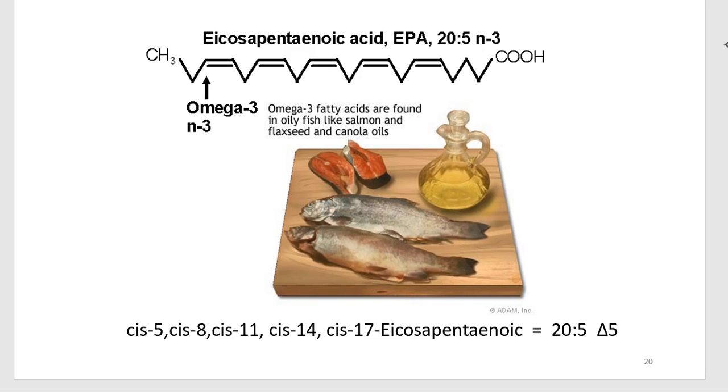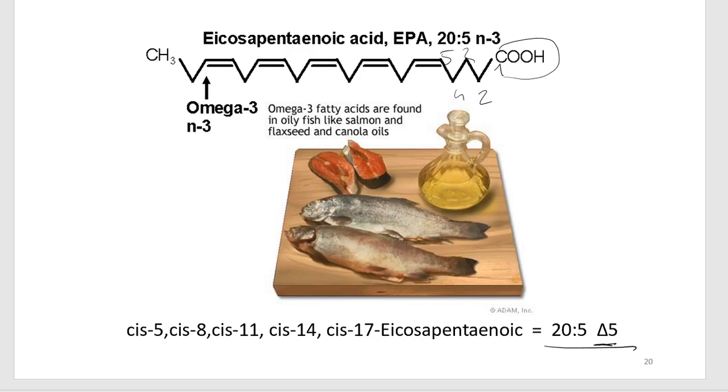We have 20 carbons and 5 double bonds. So here the delta system is used to name the fatty acid. Remember, delta starts from counting from the carboxyl group. So 1, 2, 3, 4, and 5. So delta 5.